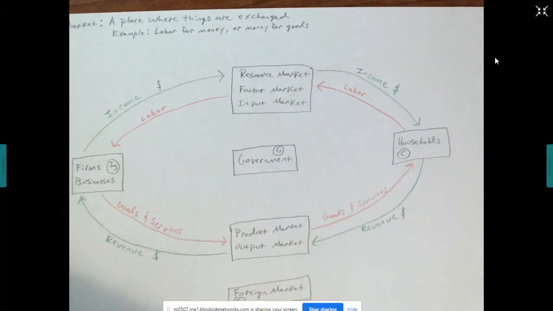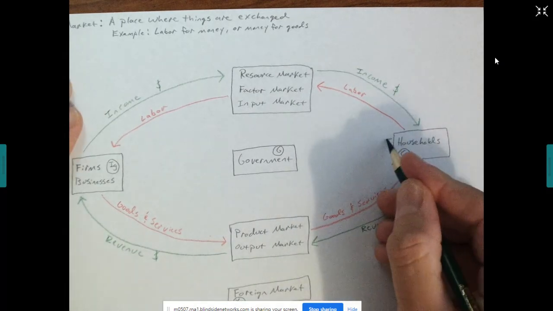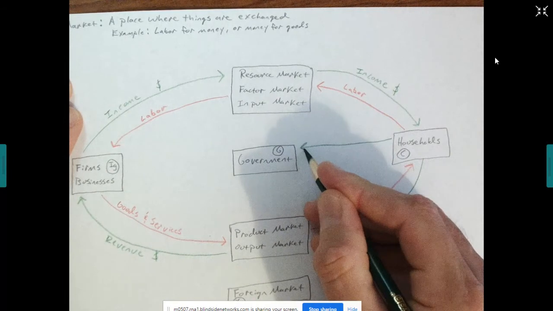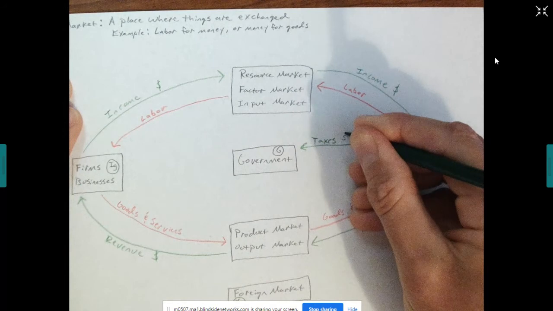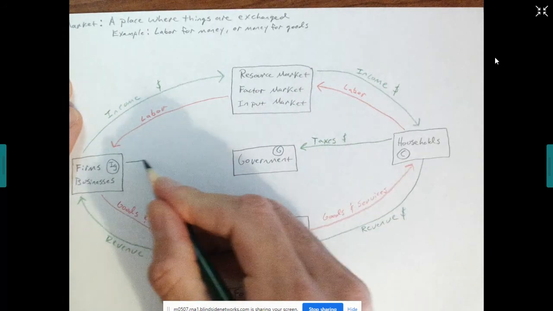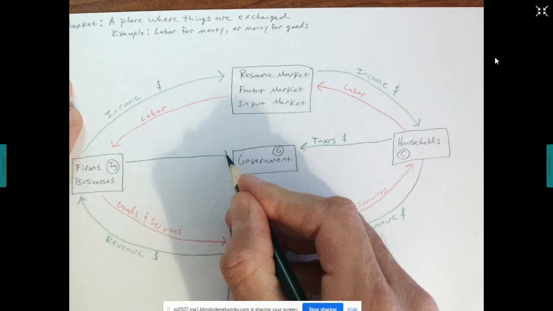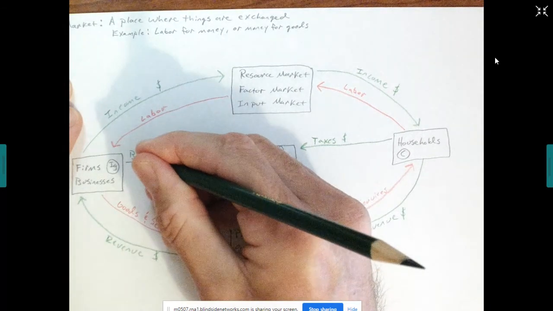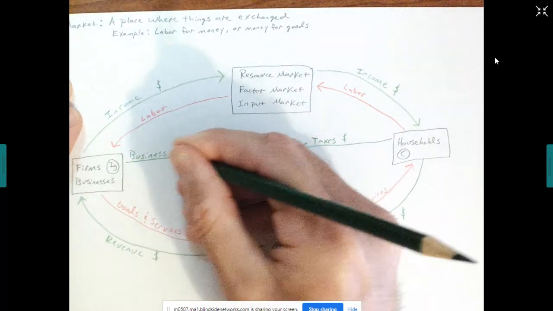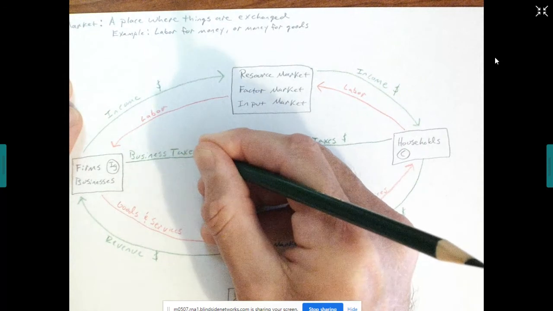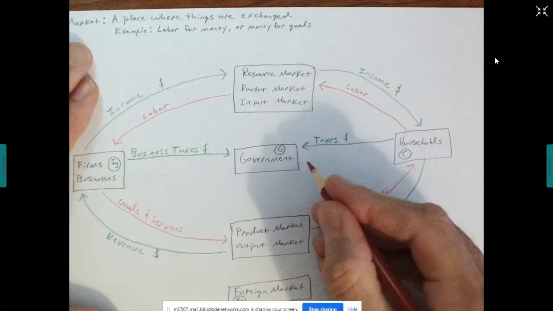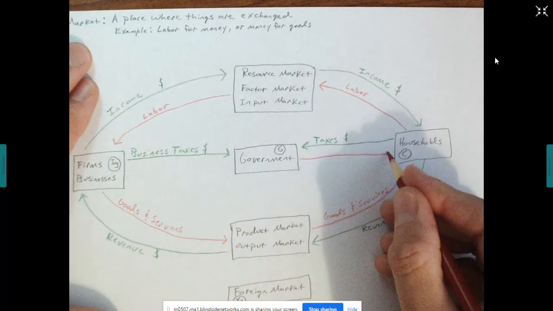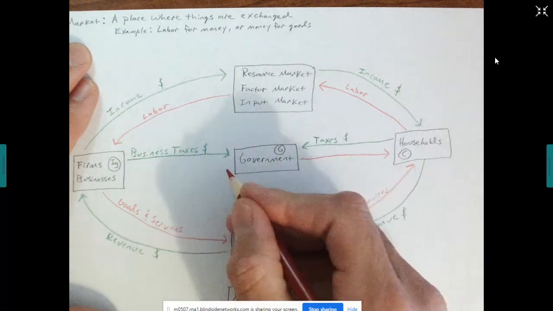At the center of everything, we have the government. The government is going to take in money from the people in the form of taxes. They're going to take in money from businesses in the form of business taxes. In exchange, the government is going to provide the public with public goods and services.